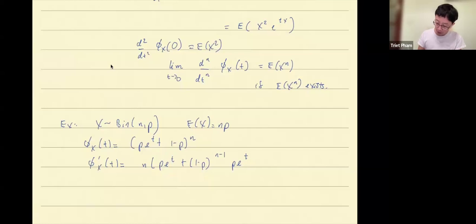So if you plug in t equal to 0, you get p plus 1 minus p in this expression, which is 1. 1 raised to n minus 1, and you got exactly n times p. Okay, so far?